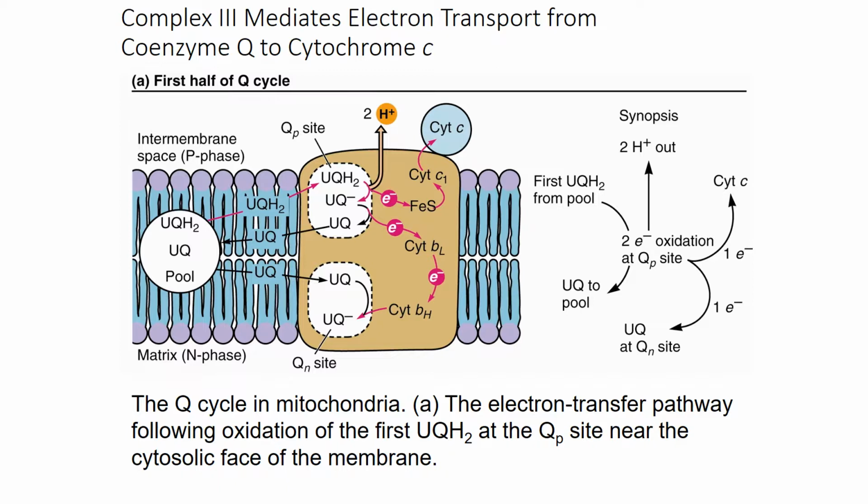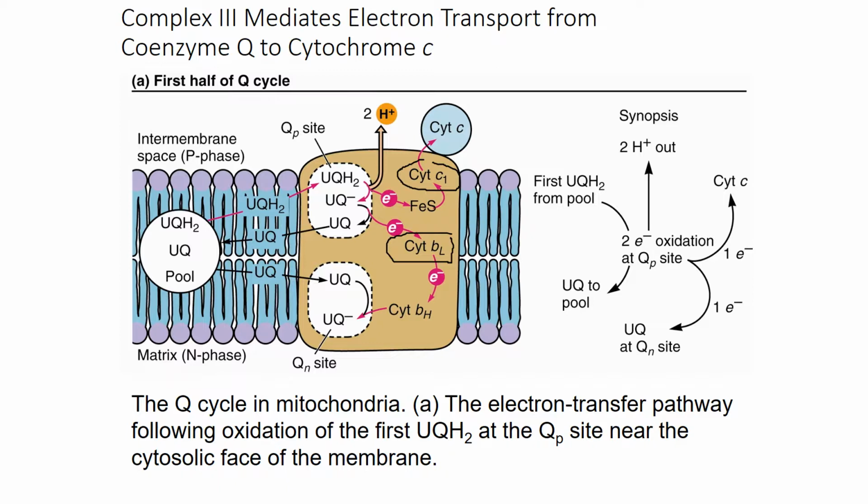So in complex 3, we see both cytochrome C1 and cytochrome B sub L. So these are going to play important roles in this process. There are two phases. There's the first half of the Q cycle and the second. So we're going to look at these individually.